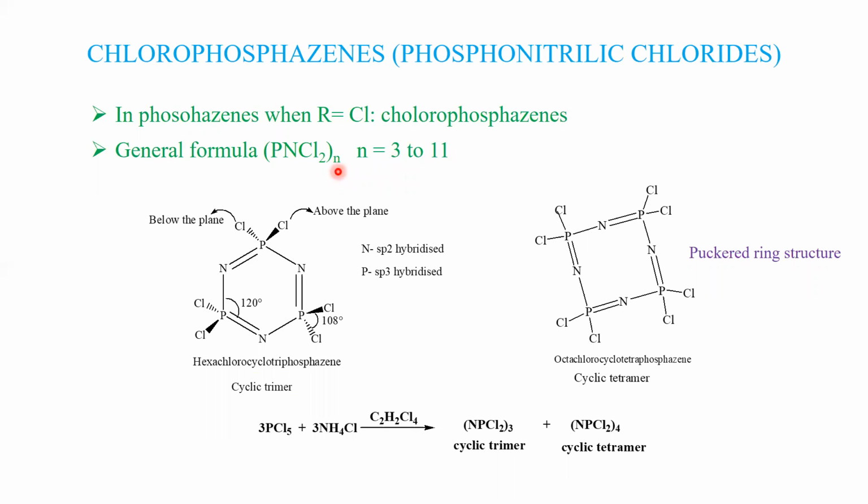If n is equal to 3, it is the cyclic trimer. An example for the cyclic trimer is hexachlorocyclotriphosphazene. Hexachloro means there are a total of 6 chlorine atoms, each chlorine atom bonded to phosphorus.